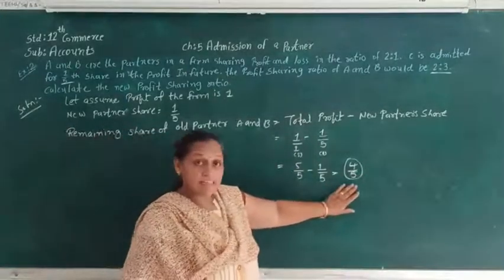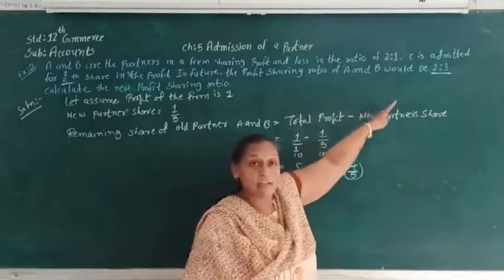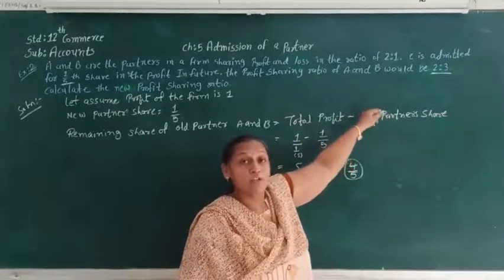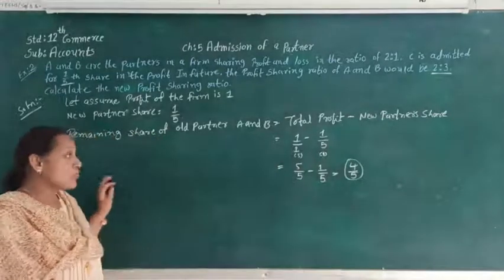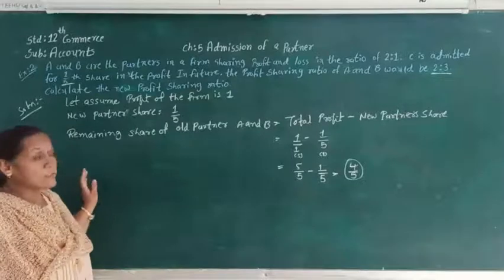Now, this share is supposed to be distributed in the ratio of 2:3 to find out the new profit sharing ratio of old partners. So for that, let's do it with the help of a formula.